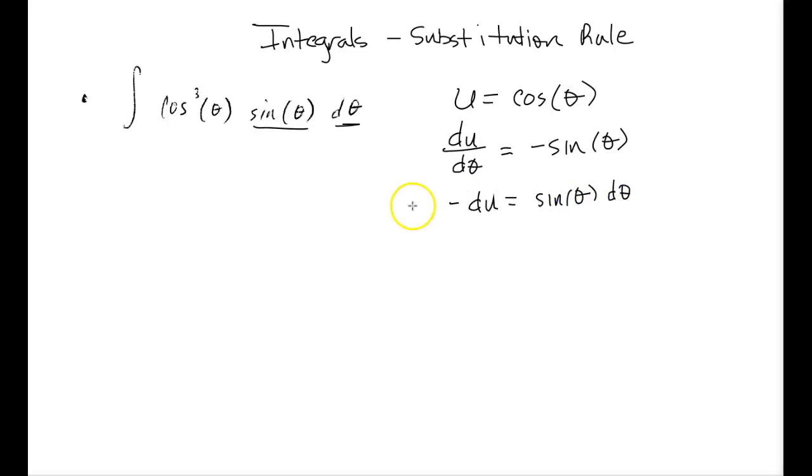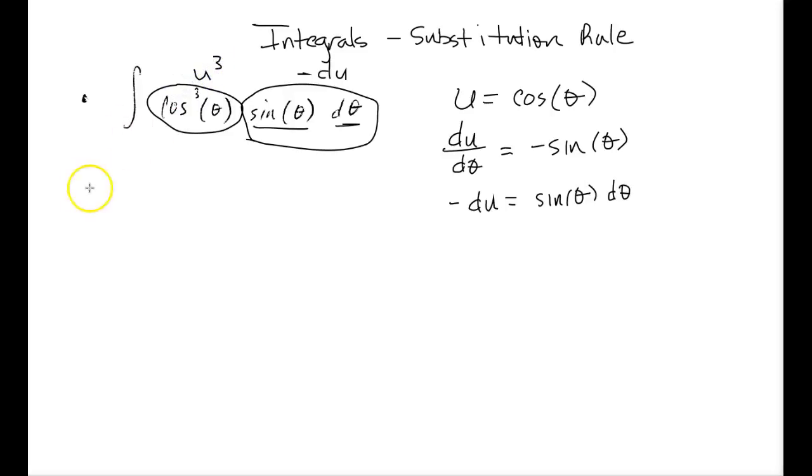And so now we know that for all of this, we could replace that with just minus du. And for what we have here, we can replace that with u cubed. So therefore, if we rewrote this, this would just be u cubed du, and we would have a negative sign on the outside.